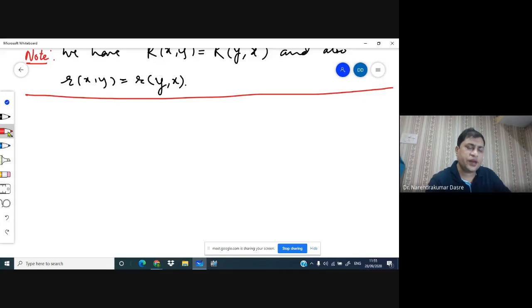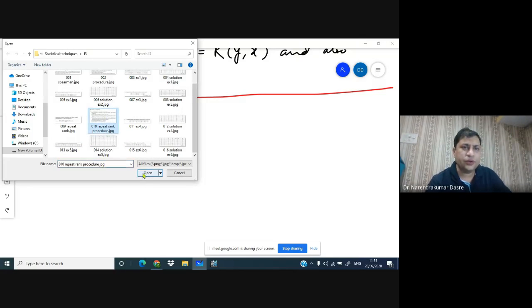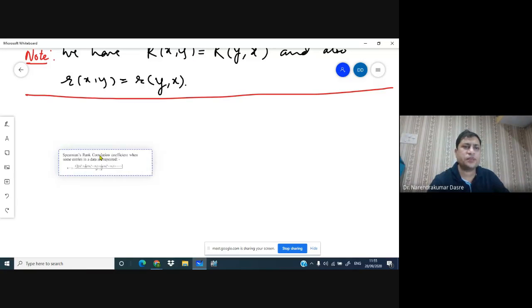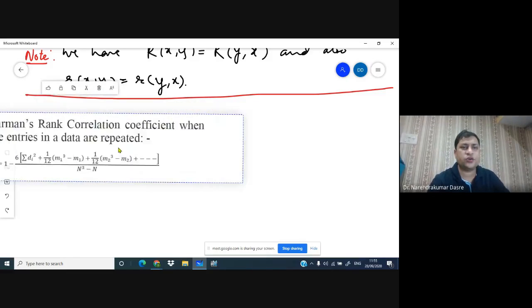Now we need to understand that here we have considered that no rank is repeated. So what happens if we have a repeated rank? When the rank is repeated, we have to slightly modify this formula.